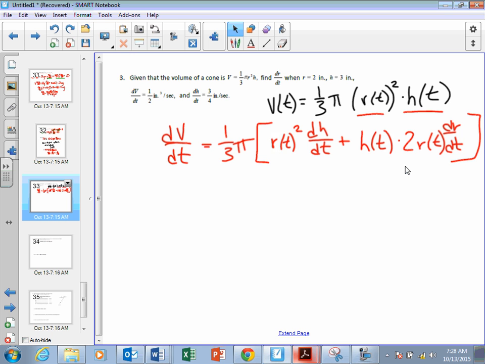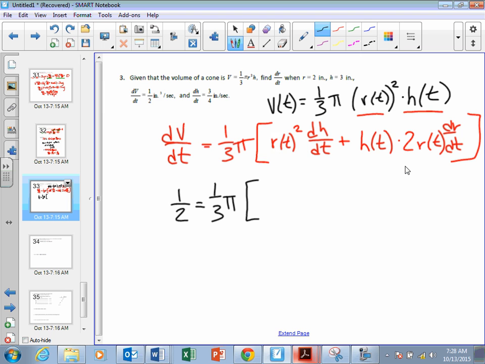We're trying to find dr/dt. We're given dV/dt is 1/2. So 1/2 equals 1/3 pi. r is 2, so I get 2 squared. dh/dt is 3/4, plus h is 3 times 2 times r, which is 2, and dr/dt, that's what we're trying to find, so that stays in our equation.